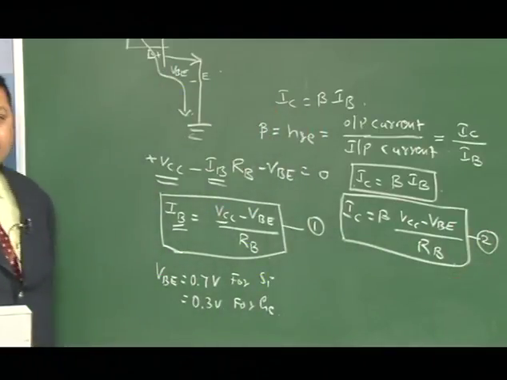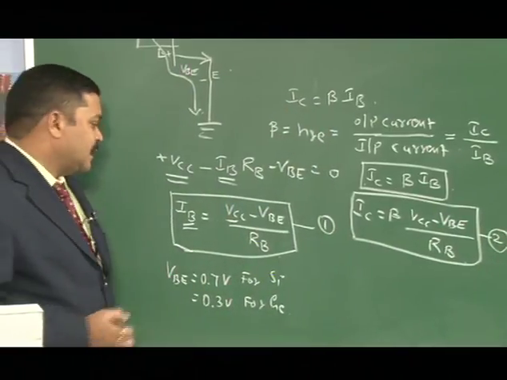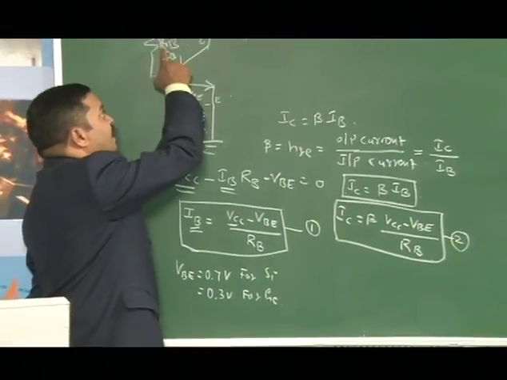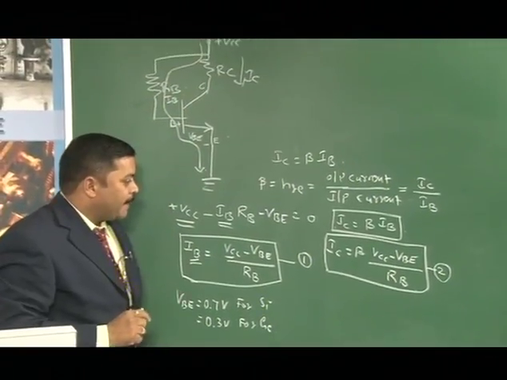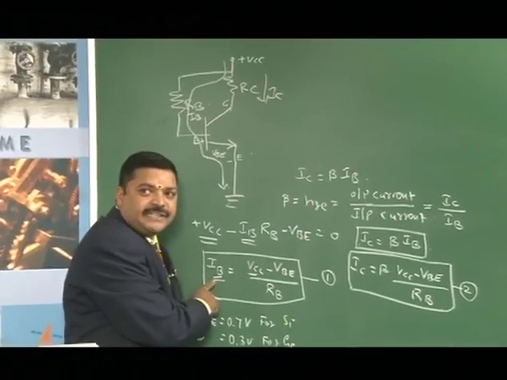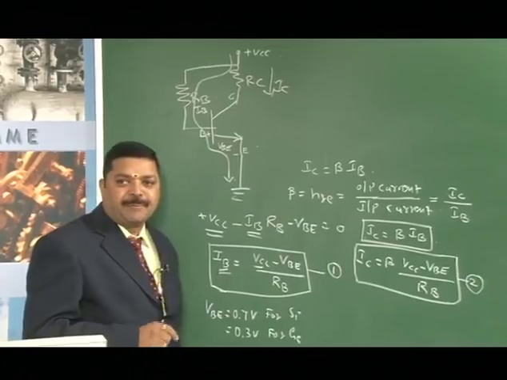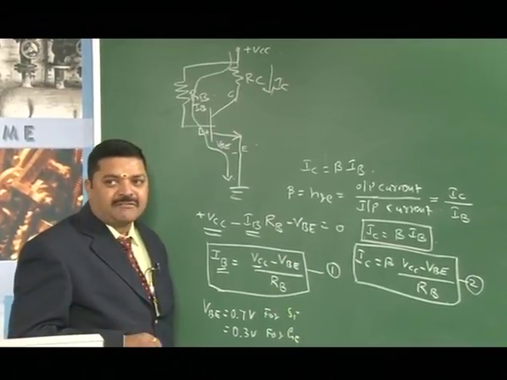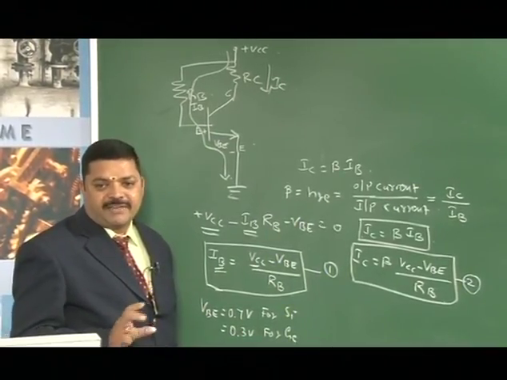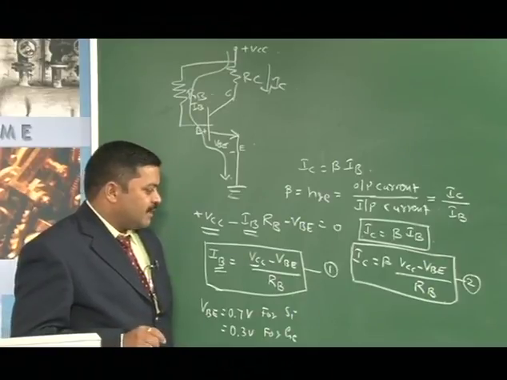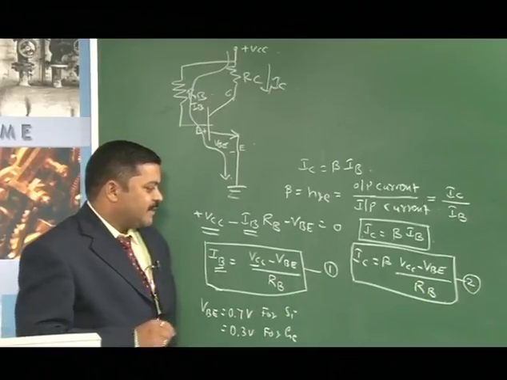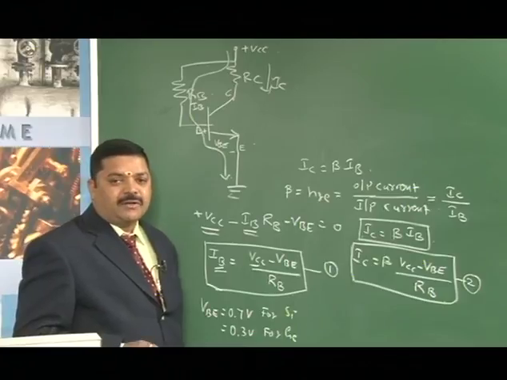So we get a constant current IB due to constant resistor RB, and since IB is constant, IC is also constant, but it depends on beta. As we know that beta varies with temperature, a slight variation will be there, but still we achieved some constant current, the collector current.